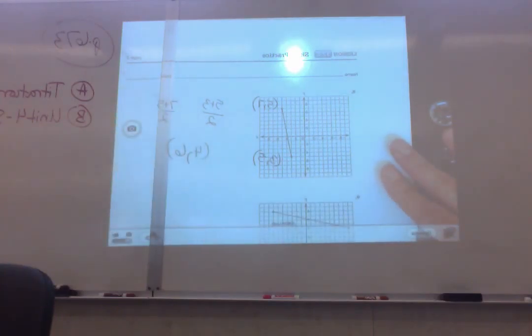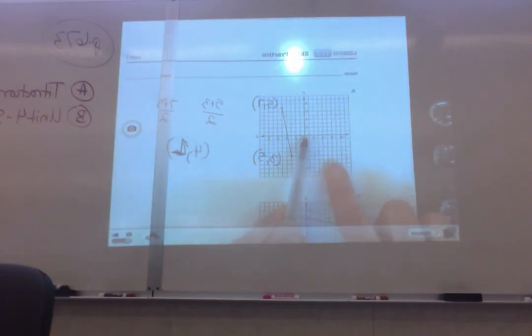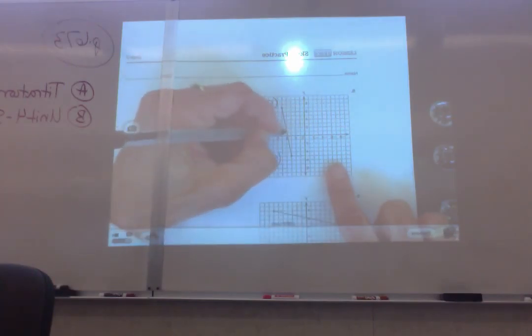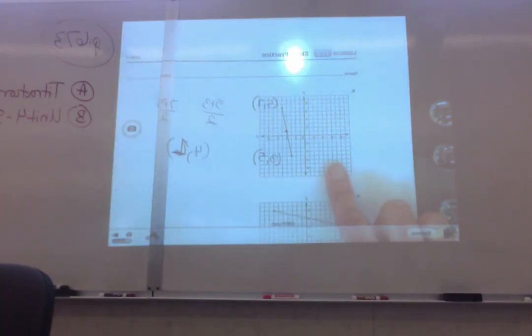That's a negative 5. 7 plus a negative 5 is negative 2. Oh, positive 2. Positive 2 divided by 2 is 1. So let's see how that point looks. Here we go. 4 over 1 up. Does that look like a good midpoint? Put an M right there for midpoint.